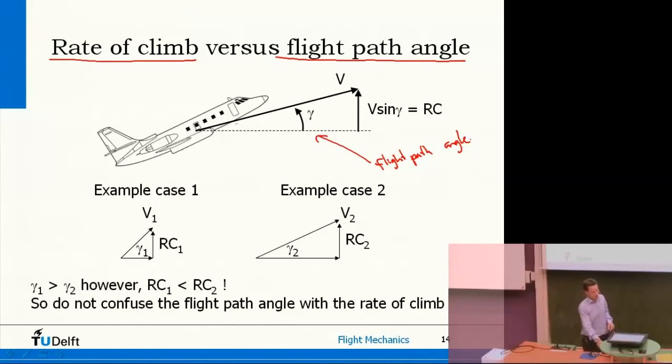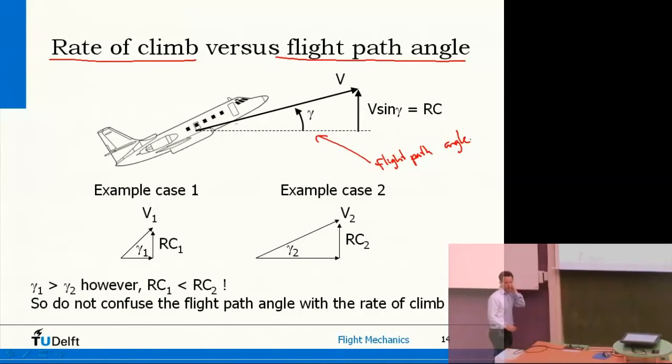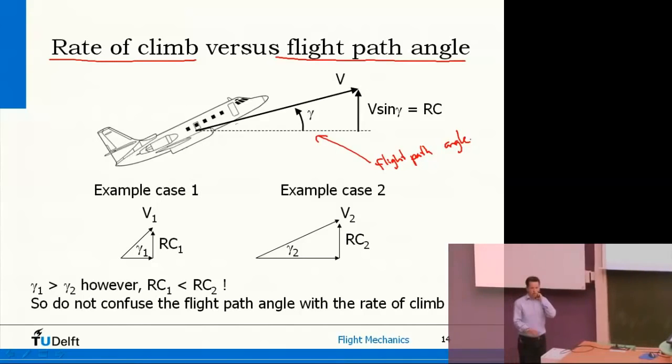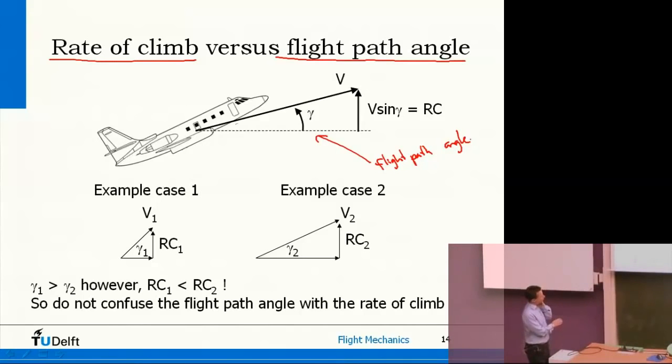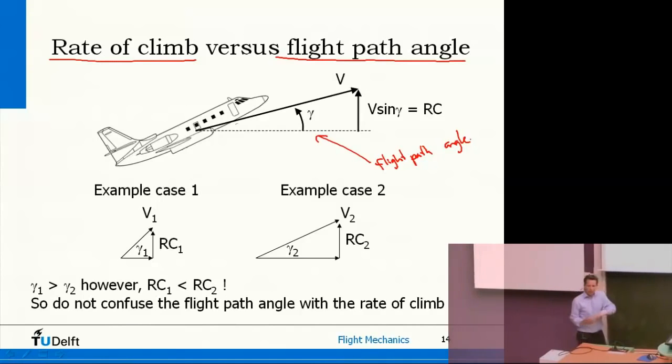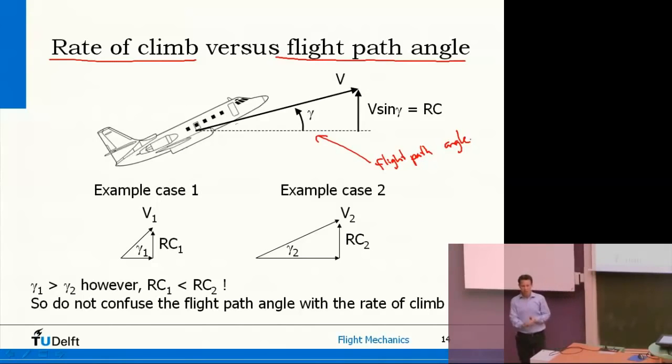So it's a rate. Now it's very important to realize that if you try to maximize a rate of climb, then that's not the same as maximizing an angle. These two are in fact different. Let me give you an example. How steep you can climb, of course, depends on the engine itself.